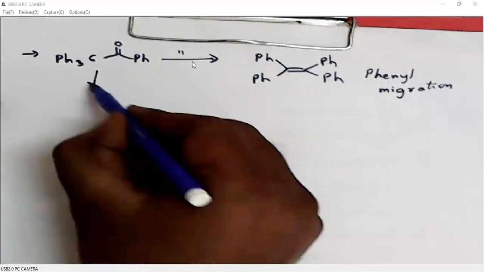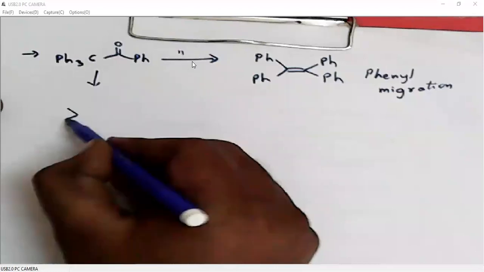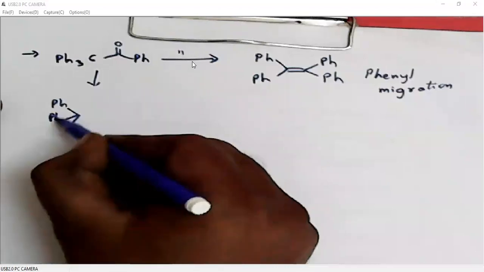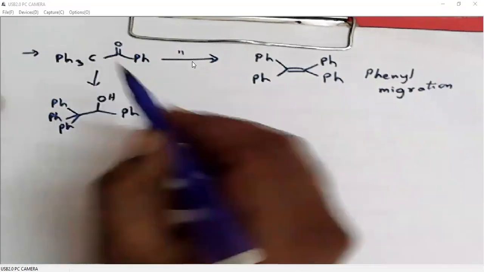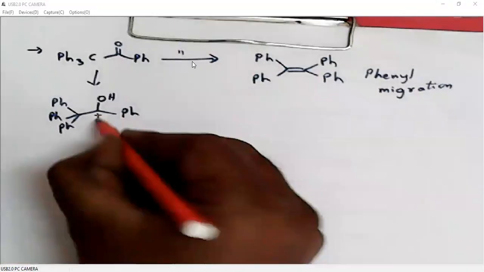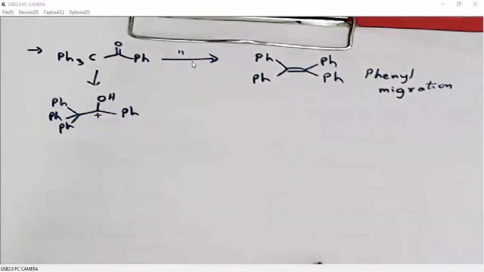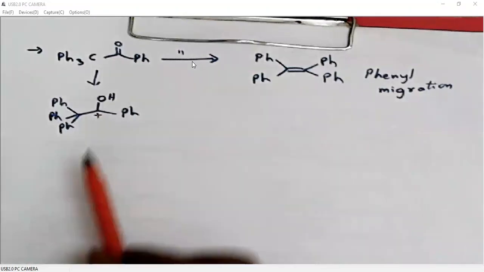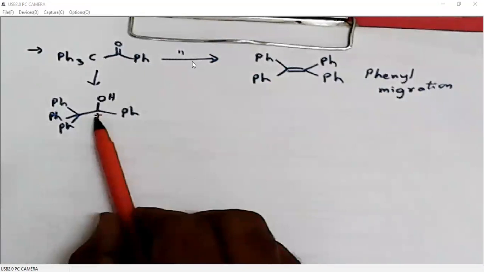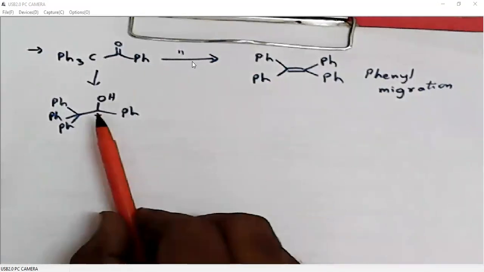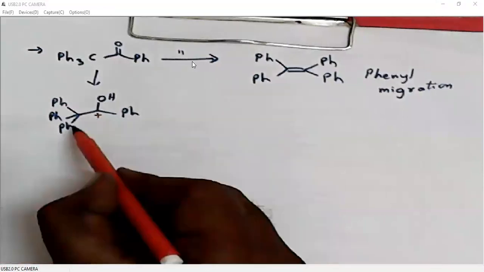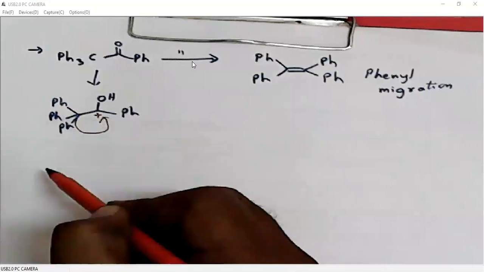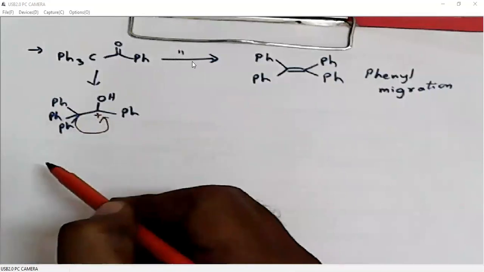So when we use zinc, the first step is the formation of this carbocation, right? So when we have this carbocation, now it is possible for the phenyl migration.